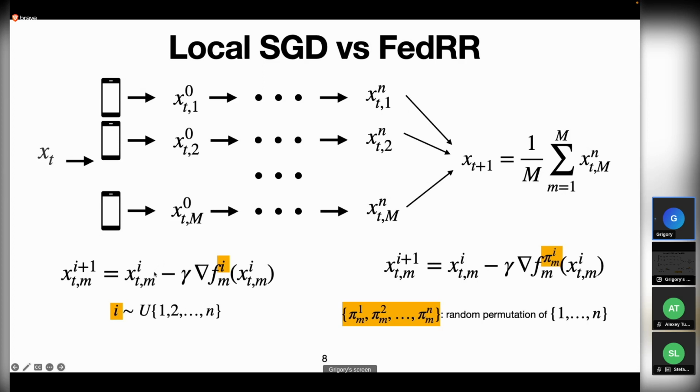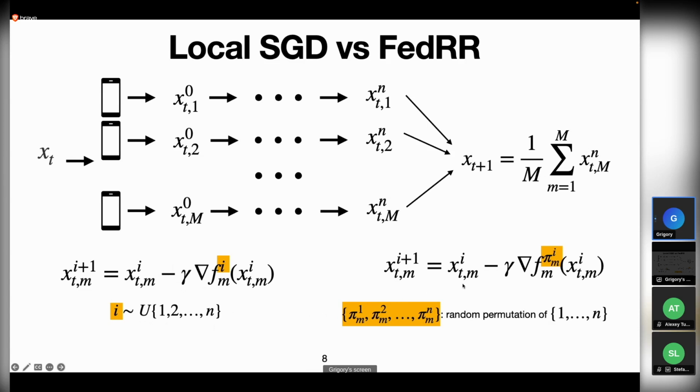In local SGD, local steps are steps of stochastic gradient descent, where data points are sampled uniformly from all possible data points.